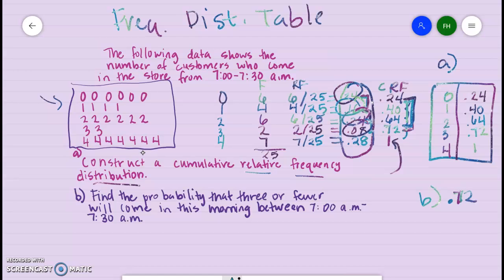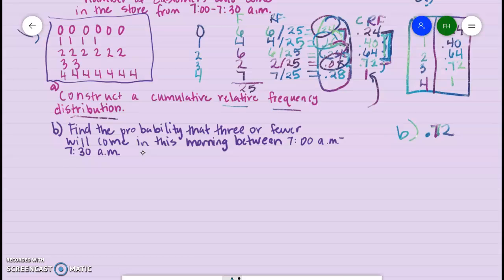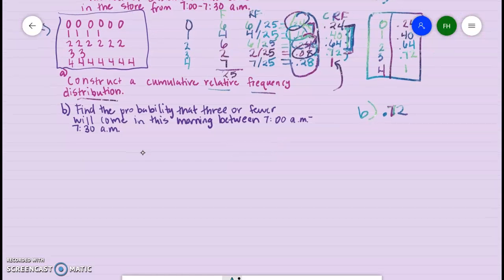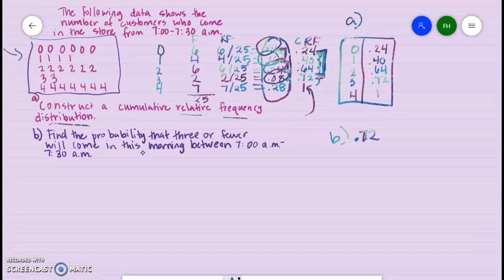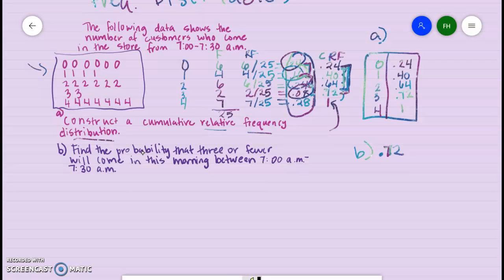Now, one more time, let me review so everybody understands, and I'll just highlight. So this first part here is what I call a frequency distribution table.